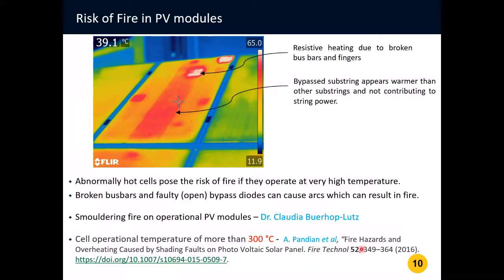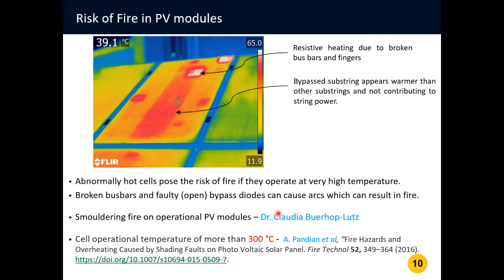And these researchers also have a study which showed that a cell can operate at more than 300 degrees Celsius if no bypass diodes are used, and this high temperature can obviously cause fire in PV modules.